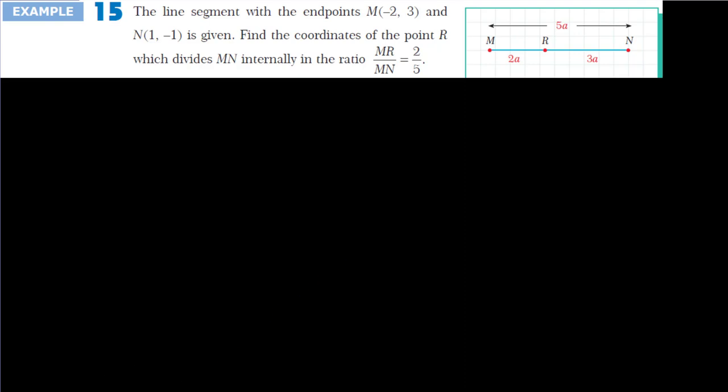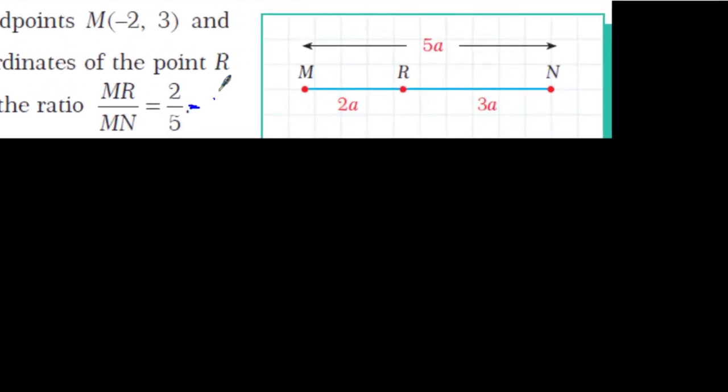MR over MN is given, which means that if MR is equal to 2a, MN should be 5a, so RN should be equal to 3a.